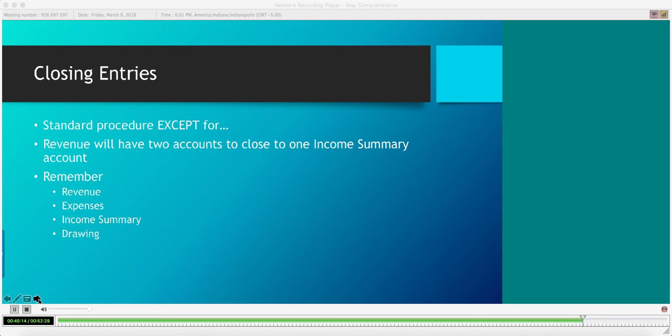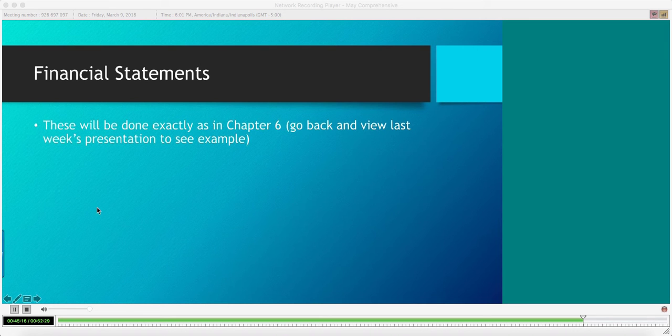Financial statements. Again, nothing new. When you do your financial statements and you do your balance sheet, make sure that when you do your property, plant, and equipment, you list one asset.